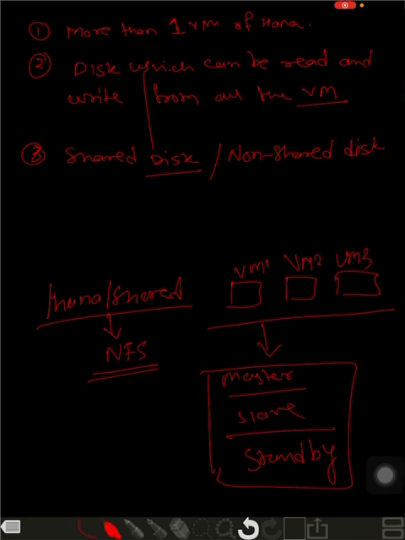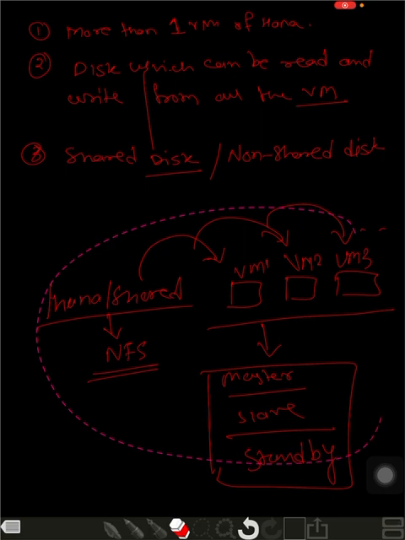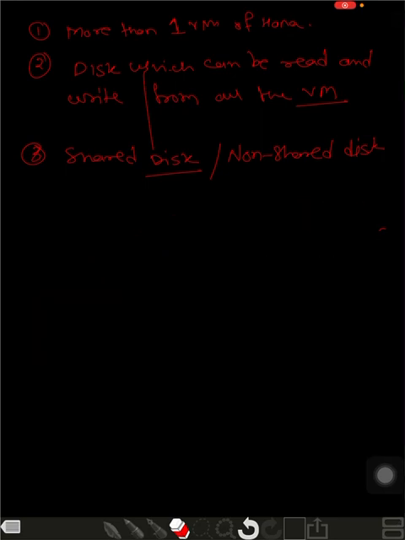So HANA shared will be mounted across VM1, VM2 and VM3 and so on. So this is about your disk.